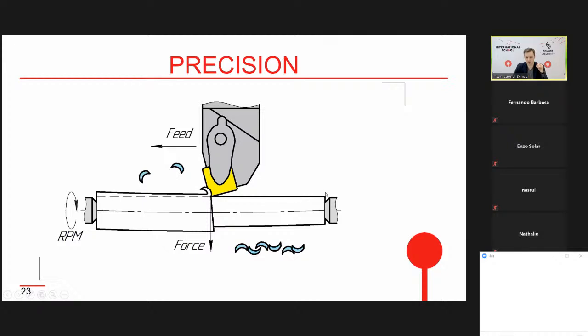So here with zero deformation we remove the maximum thickness, then the thickness of cut falls. Here we remove at the center the minimum thickness, and here thickness rises, and here is also the maximum thickness, the same as on the right part.